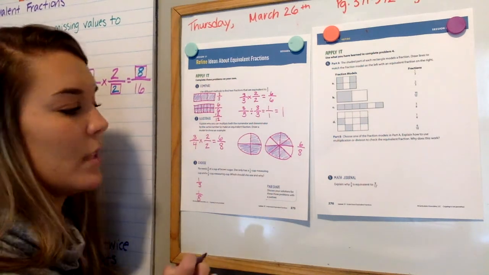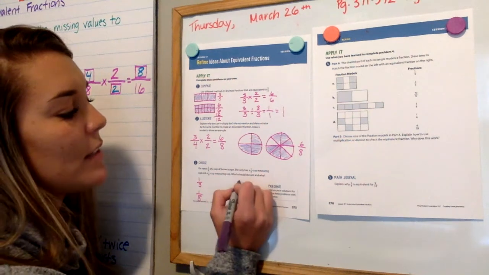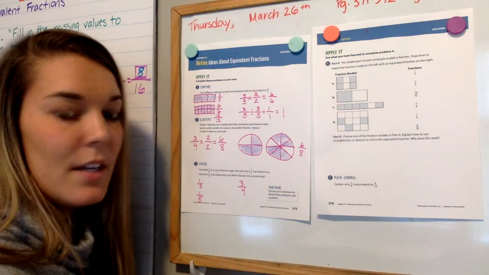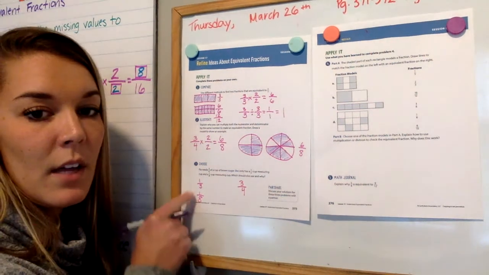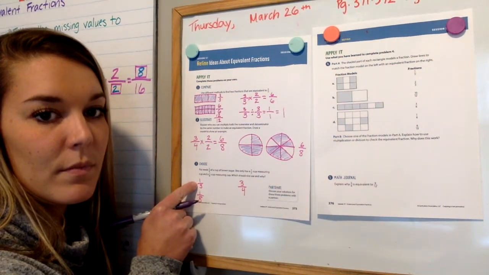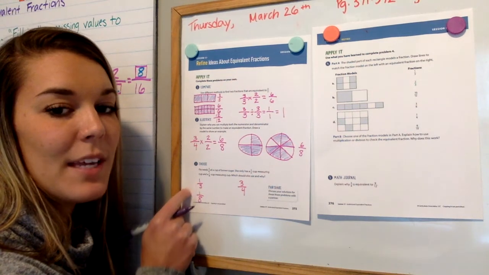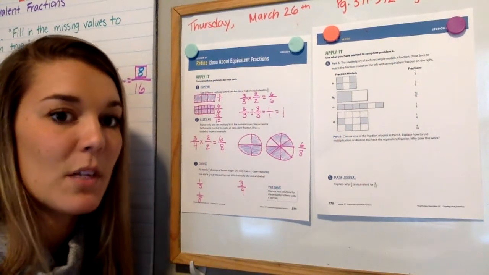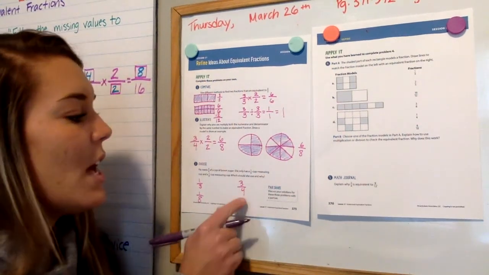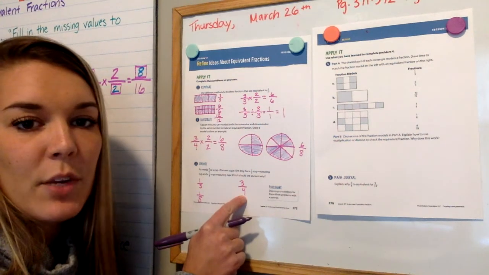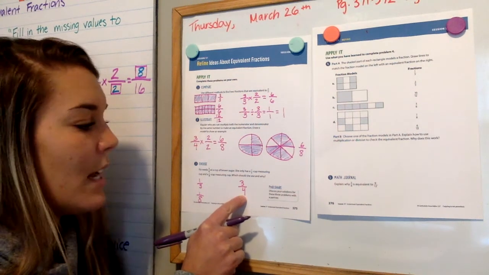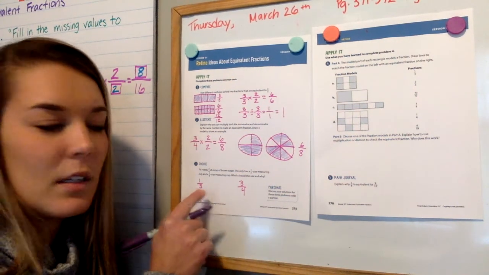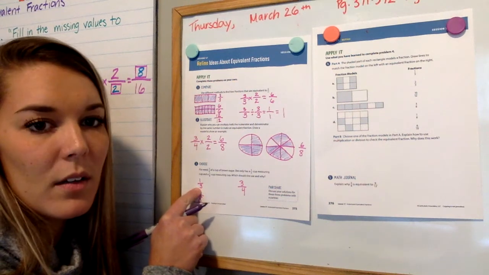Okay, so I want to get to 3/4, right? I have this option and I have this option. I want to know which one is going to be easier for me to get the same denominator, because the denominator is what I'm going to look at first. So, could I make an equivalent fraction of 3/4 to get a denominator that's going to be 3? Can 4 go into 3?